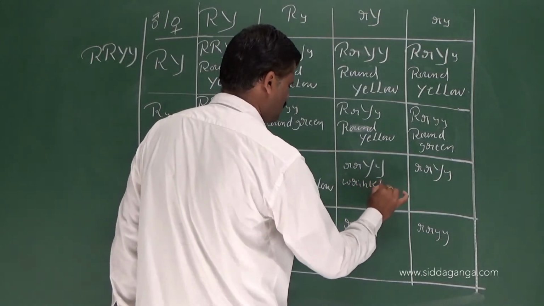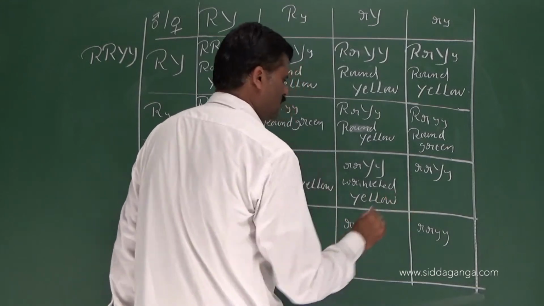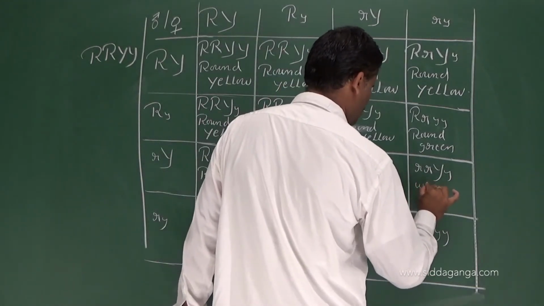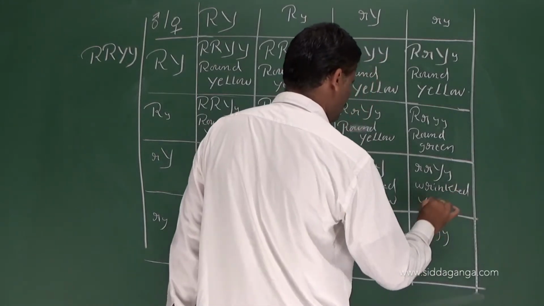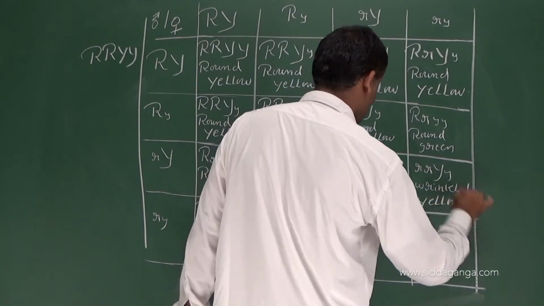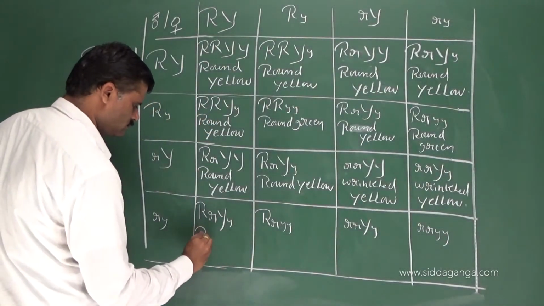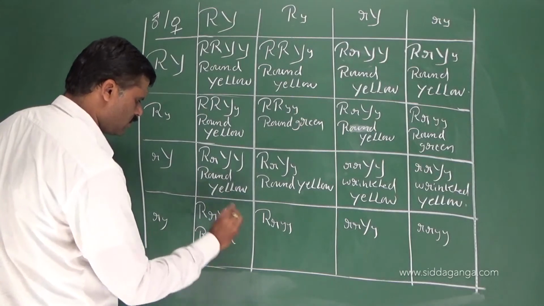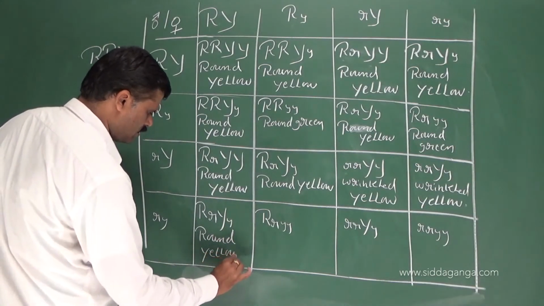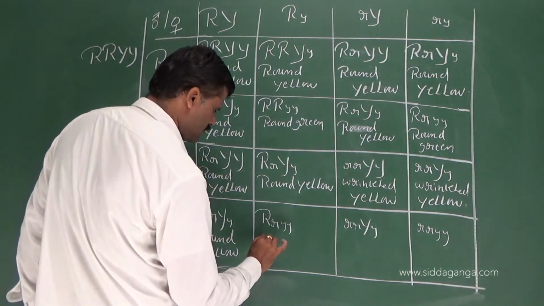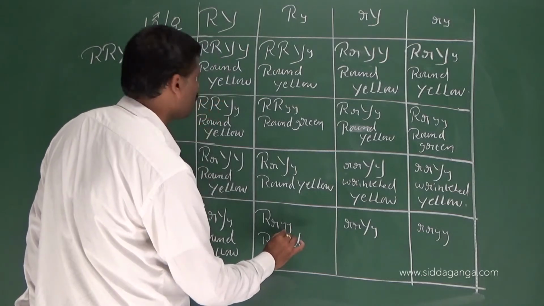Wrinkled yellow, here wrinkled yellow, here round yellow, here round, small y, right?